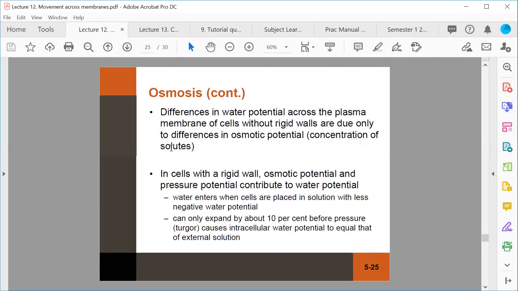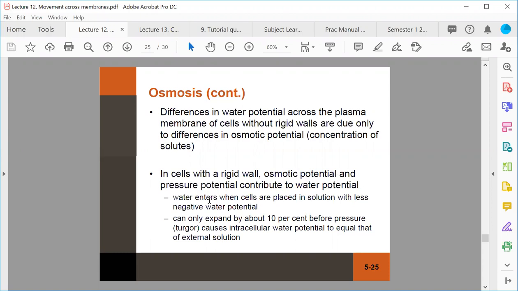Differences in the water potential across the plasma membrane of cells without cell walls, that is animal cells, are due only to differences in the osmotic potential, that is the concentration of the solutes. But in cells that have cell walls, like plant cells, both the osmotic potential, that is the solute concentration, and the pressure contribute to the overall water potential, or psi.